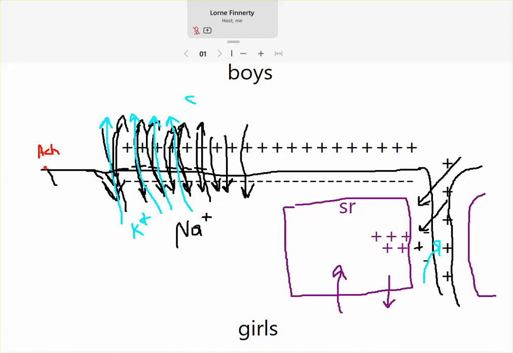It opens a sodium channel, which allows sodium to come in here, depolarize this area, which pushes the potassium out. But this depolarization opens the adjacent electrically gated channels and starts this action potential.